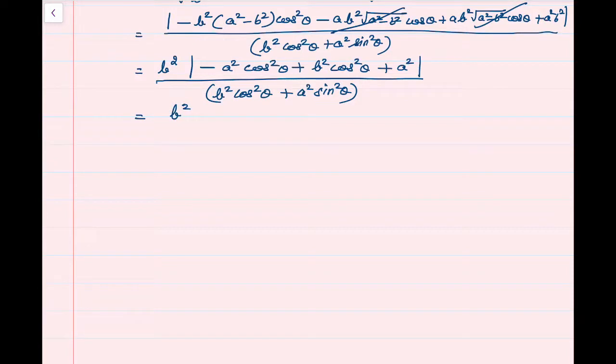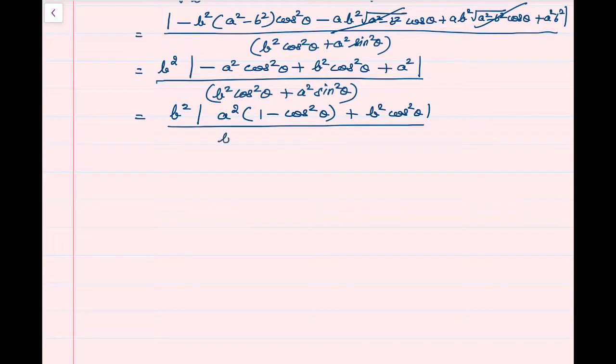B square times, we will combine first and the third terms. A square is common, we get 1 minus cos square theta, plus b square cos square theta, divided by b square cos square theta plus a square sin square theta. Now the numerator is a square sin square theta. 1 minus cos square is sin square, plus b square cos square theta.